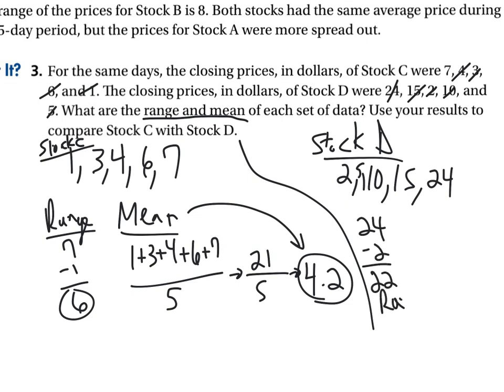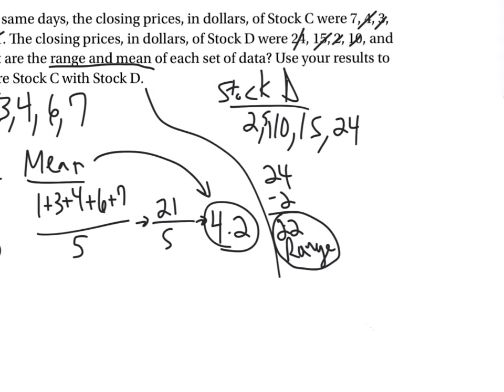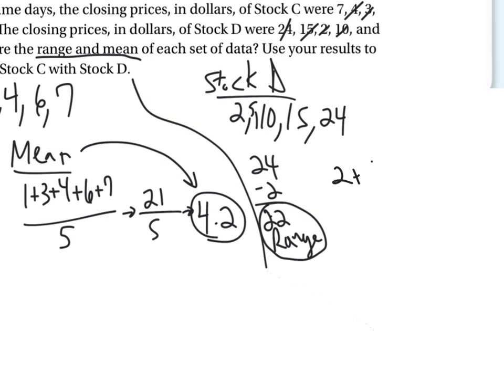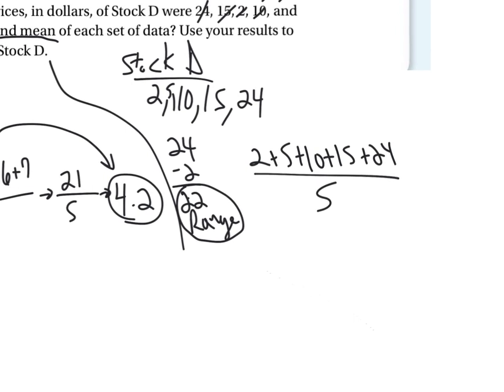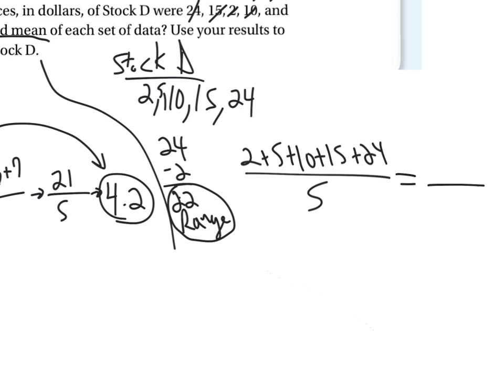So 22 would be the range for stock D. And then the mean, we have 56 divided by 5, which would be 11 1/5, or 11.2.